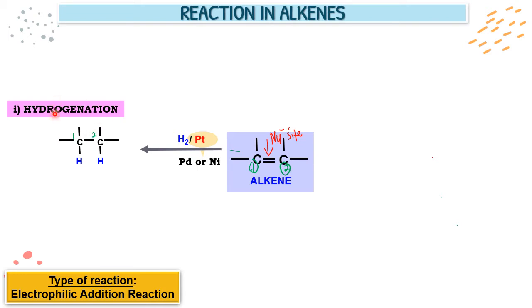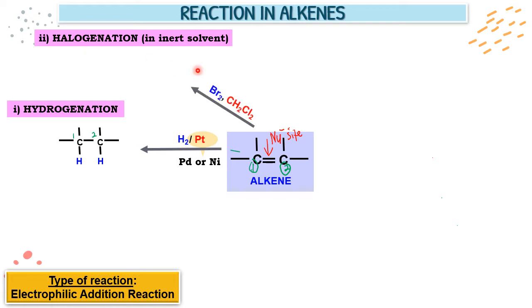The second reaction is halogenation in inert solvent. The reagent that will be used for this halogenation process is bromine and CH2Cl2, or dichloromethane. This is our inert solvent, so basically it's an organic solvent.